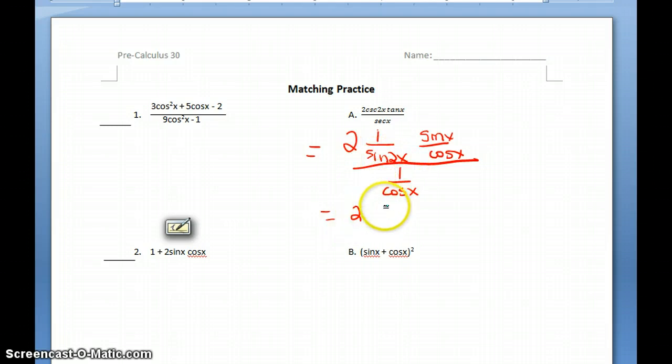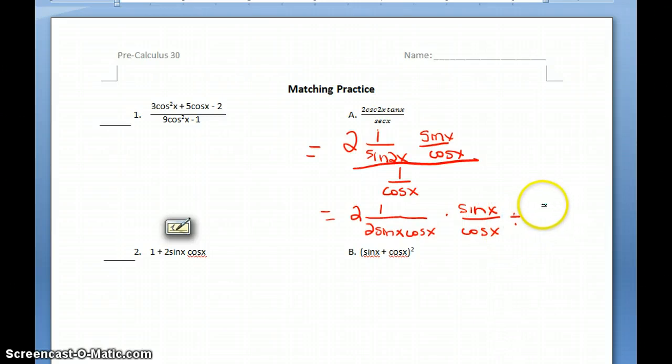That is equal to 1 over 2 sine of x cosine of x, times sine of x divided by cosine of x. And I'm just going to rewrite this as divided by 1 over cosine of x. This will help us with division of fractions. I'm running out of room anyways.